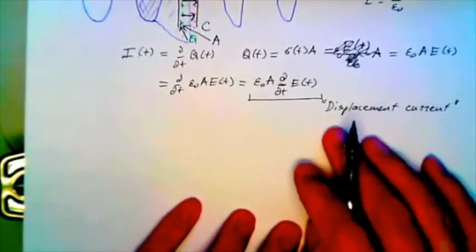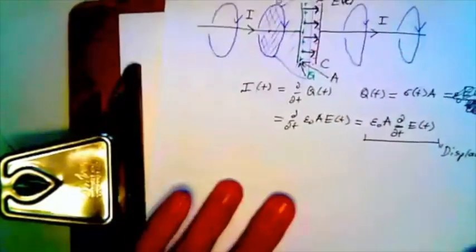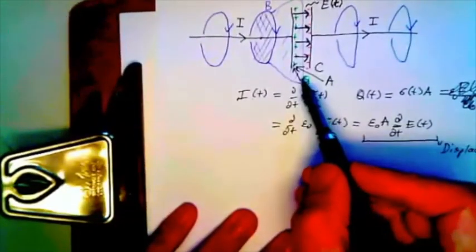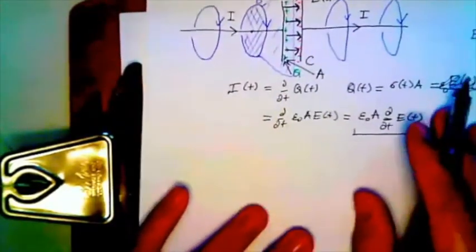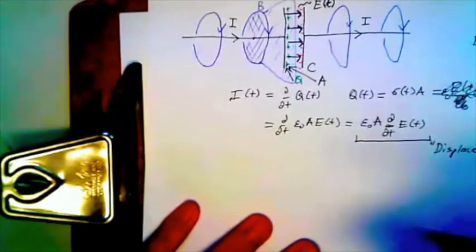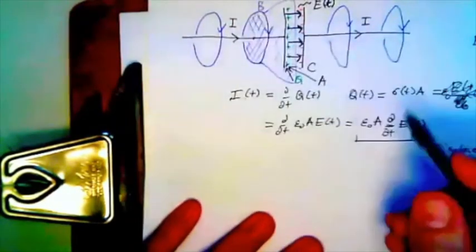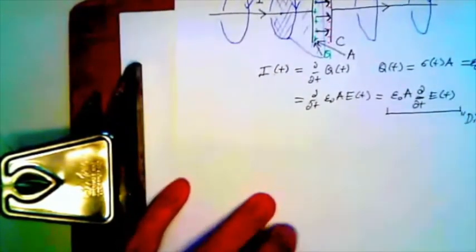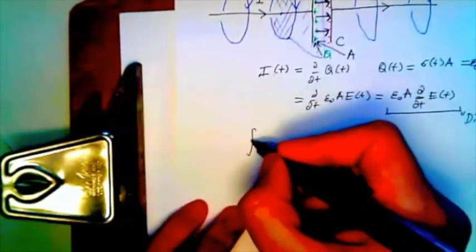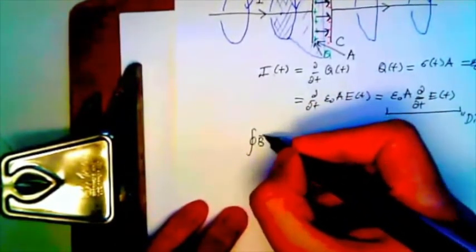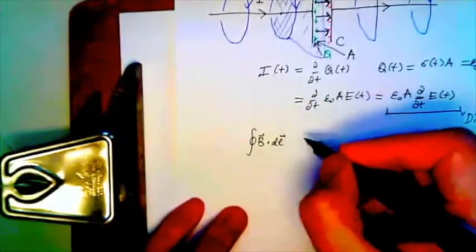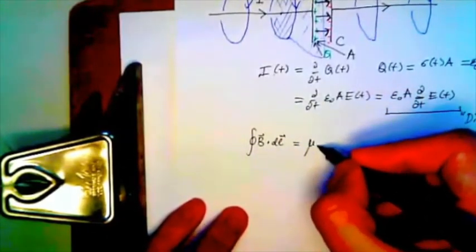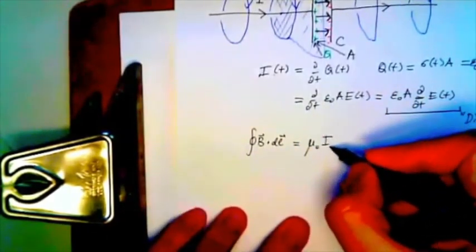And if we're saying that we should be allowed to use this displacement current in addition to whatever real current there might be flowing, then we should be able to modify Ampere's law, which at this point says mu naught times I enclosed.